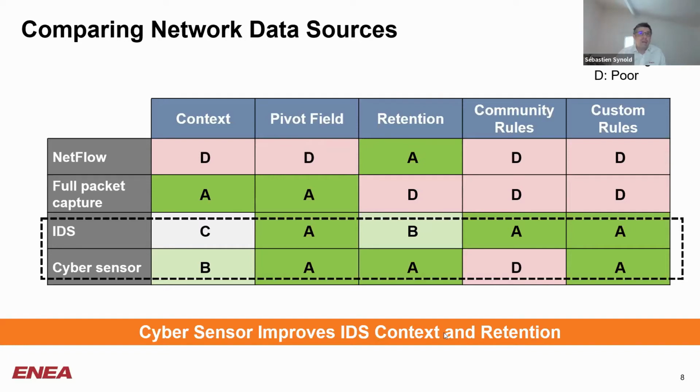So here the combination of IDS and cyber sensor provides a good coverage of known threats, thanks to the rules provided by the community, and also provides an excellent visibility on the non-alerted traffic to detect the unknown threats.